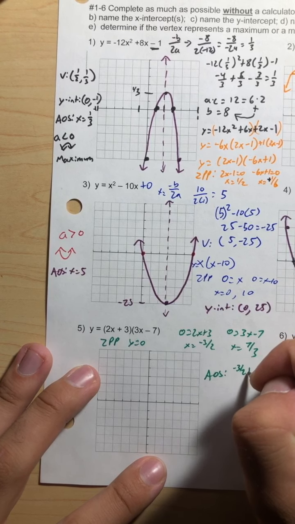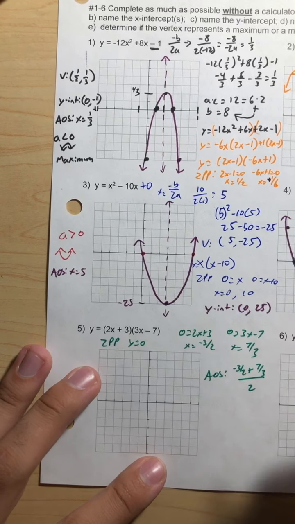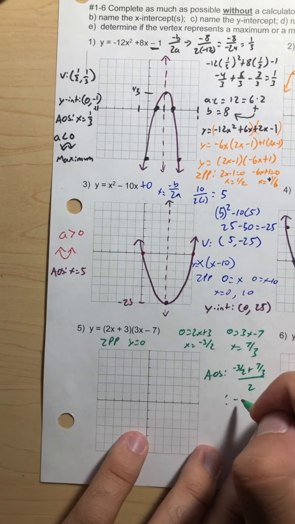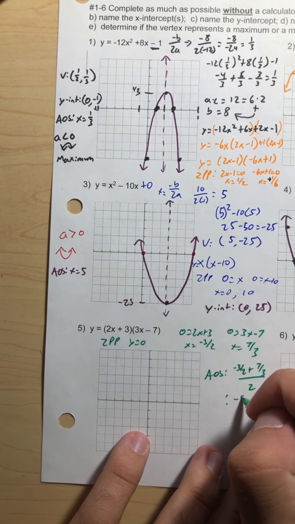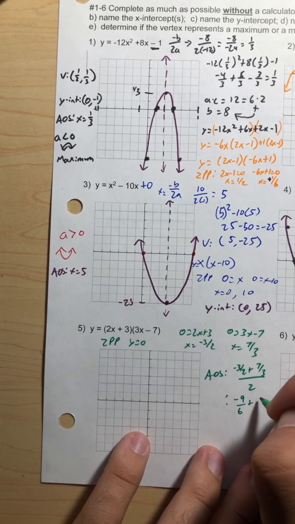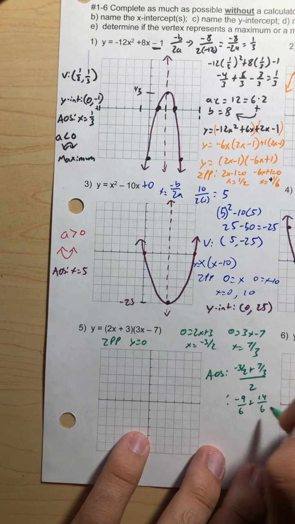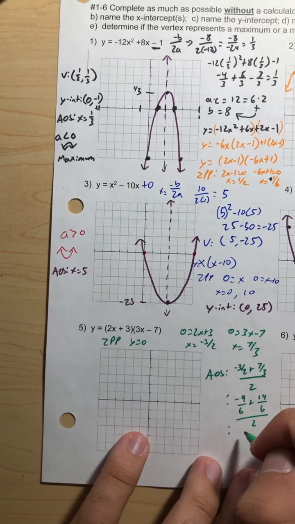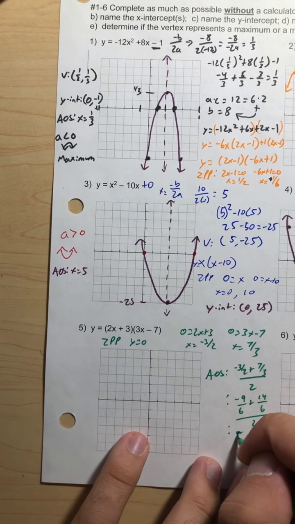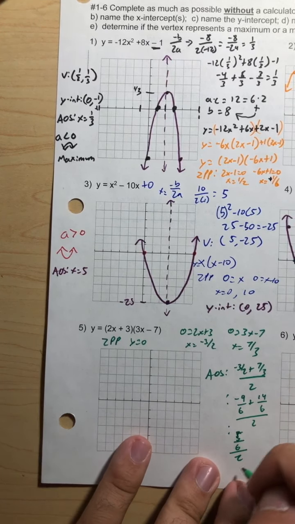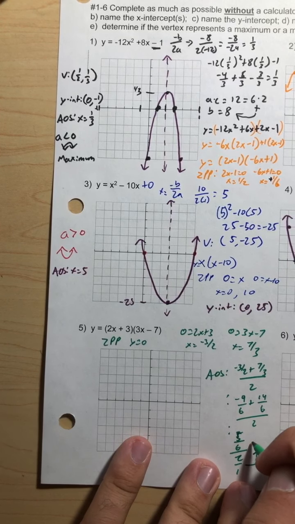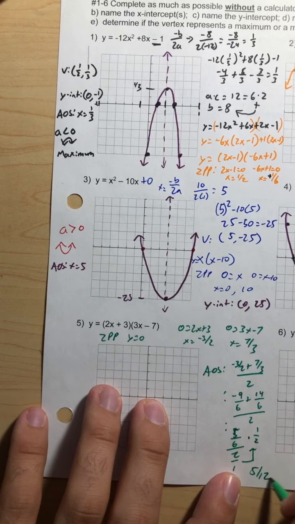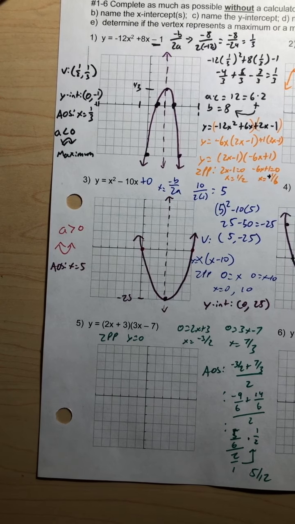So negative 3/2 plus 7/3 over 2. Well, not a common denominator, so this is going to become negative 9/6 plus 14/6 all over 2. So that becomes 5/6 over 2. Turn that into a fraction so I can multiply by the reciprocal. Get it to be 5/12 is the axis of symmetry.